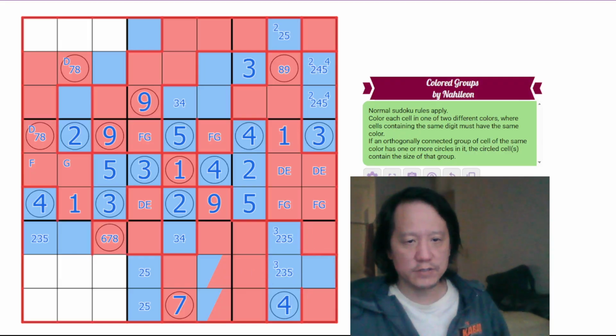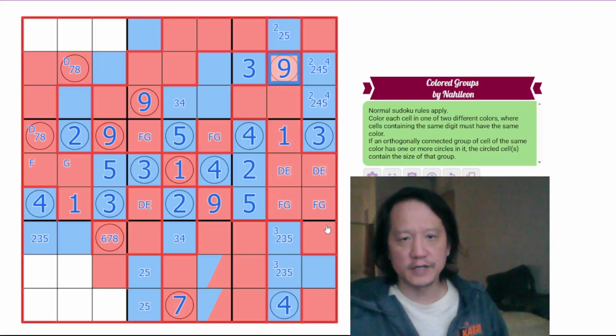This is blocked. This has to be at least 6. So it must go down here. So we have 1, 2, 3, 4. This is a boundary. This is 1, 2, 3, 4, 5, 6, 7, 8, and 9.